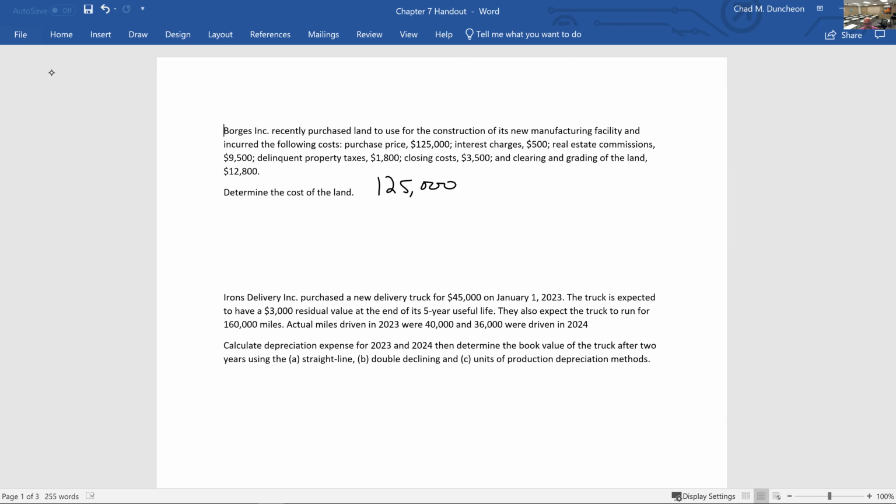Well, $125,000, the purchase price, that's definitely part of the land. The interest charges, yes. Commissions, yes. Delinquent property taxes, yes. Closing costs, yes.